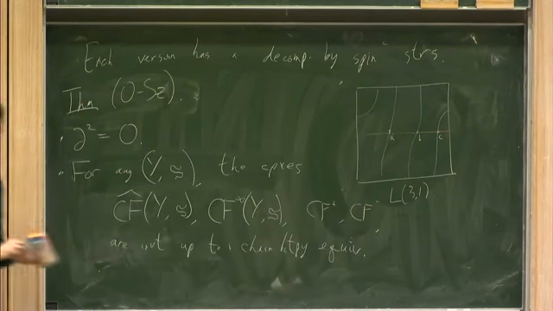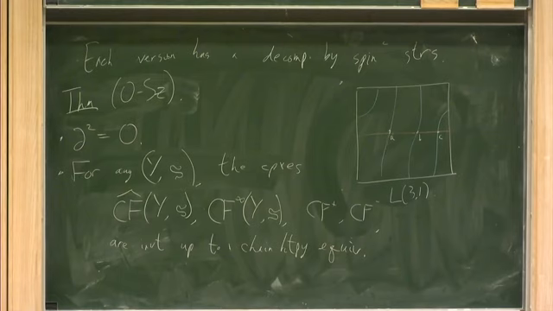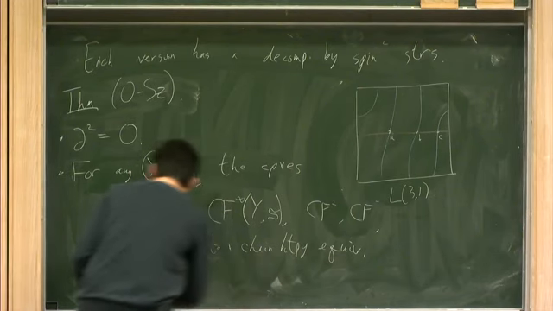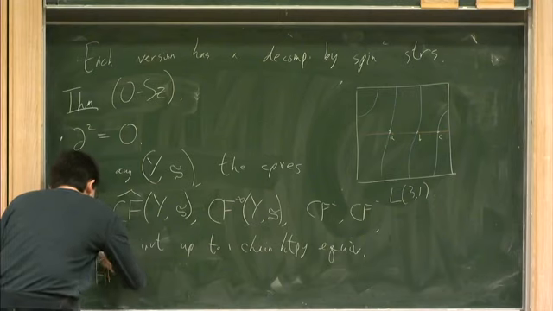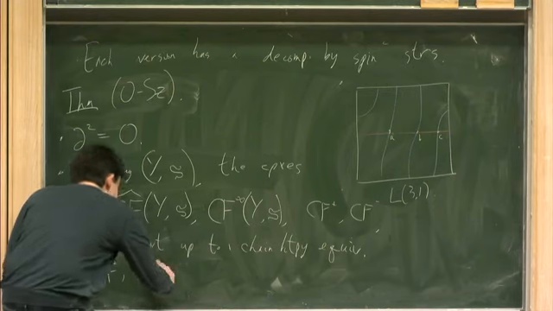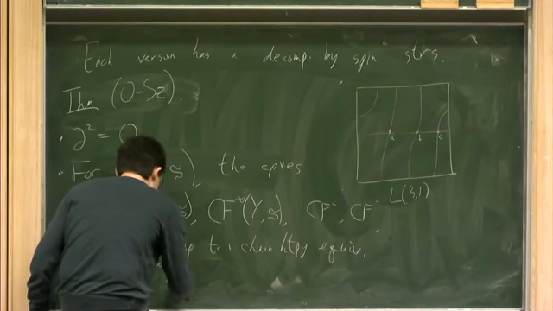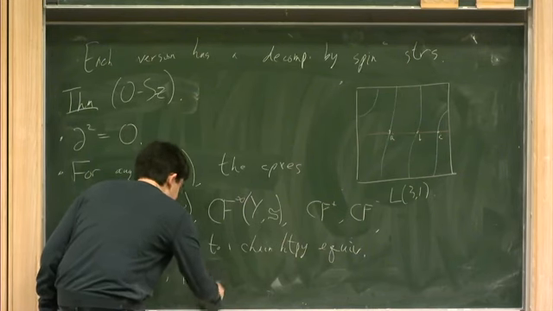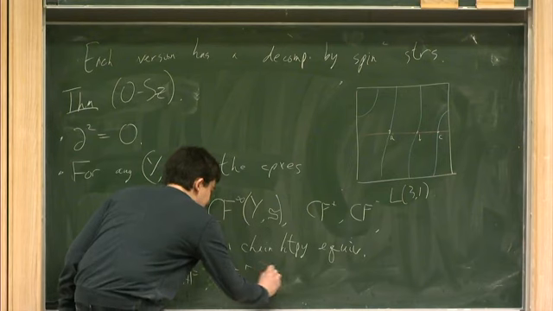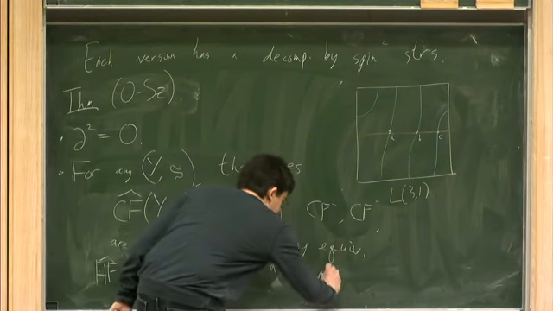That is to say that their homologies are therefore invariants of the 3-manifold with the spin C structure, and HF hat, HF infinity, HF minus, HF plus are invariants.